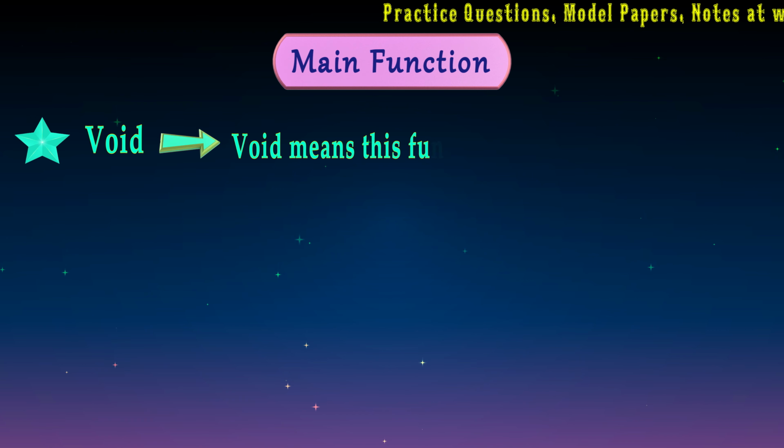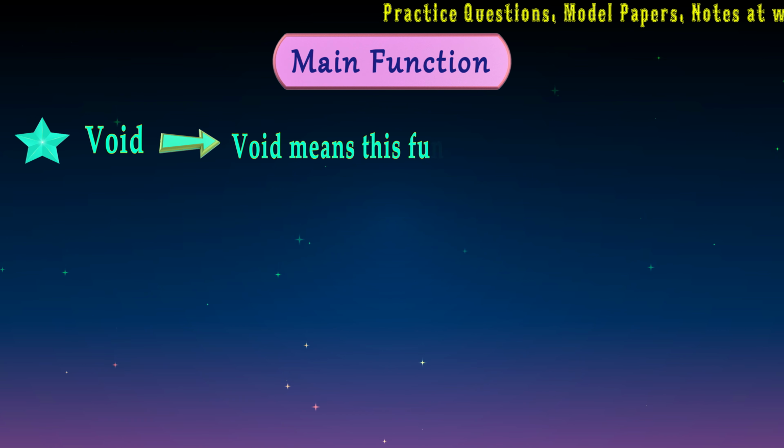If we have some return value, we simply mention int for integer, float for floating type values like decimal values, then string, etc. Then main is the main function. As we have already discussed, we can have further user defined functions in the Java program according to the requirement and functionality.